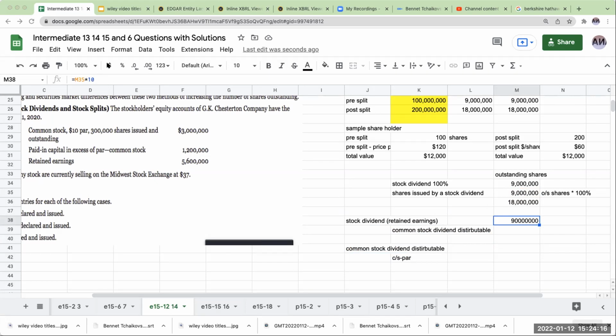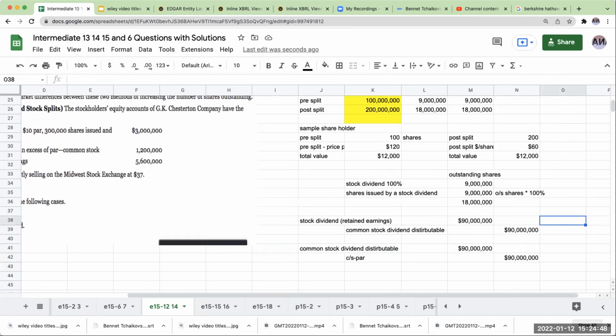And I have a huge problem with this, and I'll explain why in a second. When I have a large stock dividend that's greater than 25%, I'm going to show the issuance at par. The problem with this question is that the par value is so high.